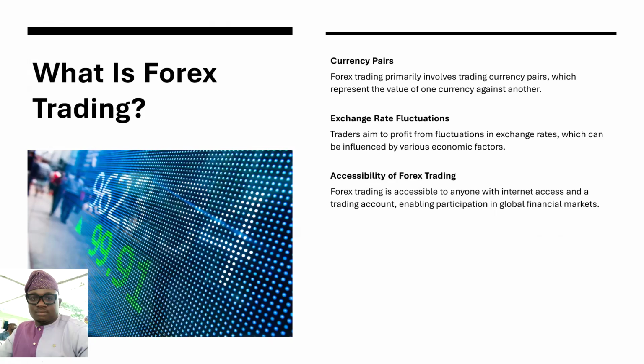Traders aim to profit from fluctuations in exchange rates, which can be influenced by various economic factors, but what concerns us is the profit aspect of it. From the differences created by these fluctuations is how we make money or lose money.